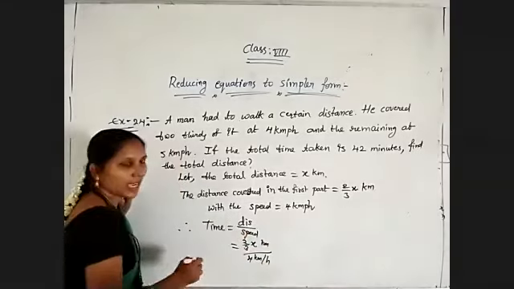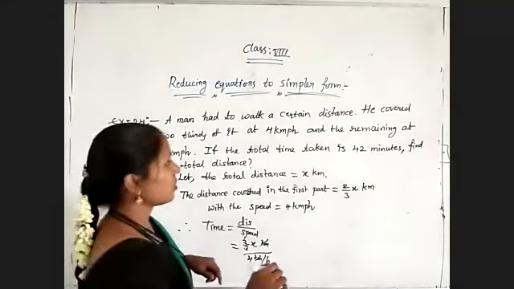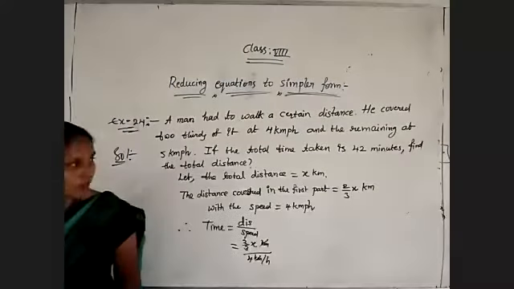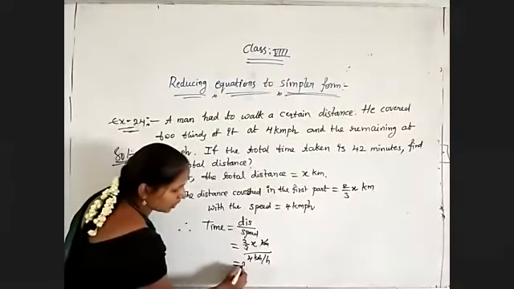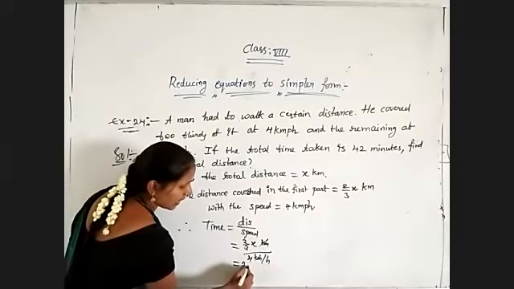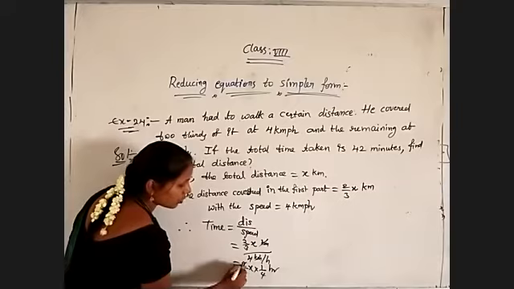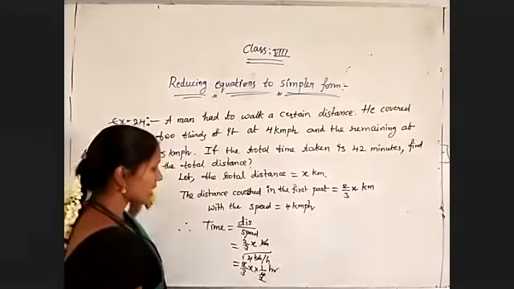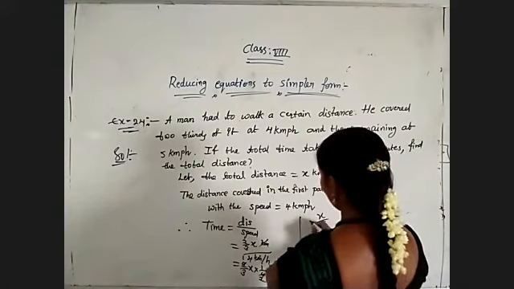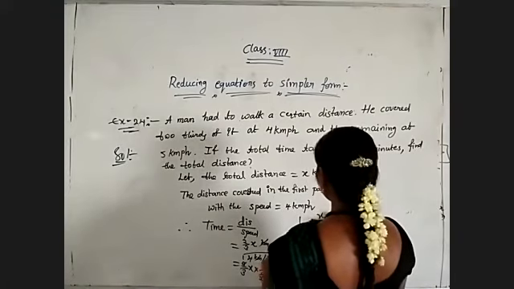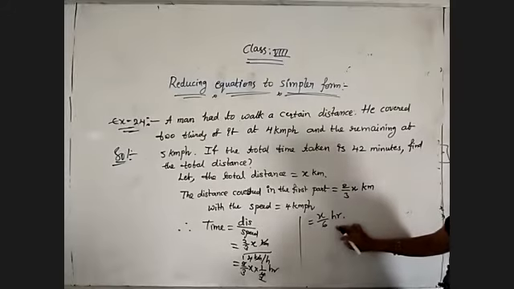Kilometers will get cancelled. So it is 2/3 x into 1/4 hours. 2 ones are 2, 2 fours are 8, wait, that is x by 6 hours. So to cover the first part, he has taken the time x by 6 hours.